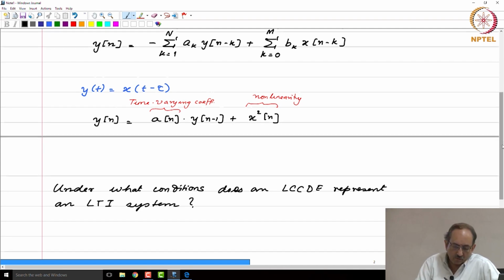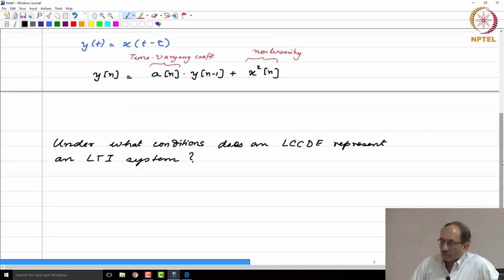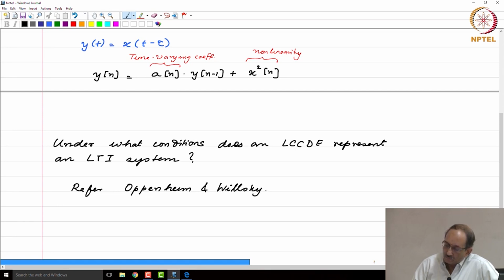This is an important question to ask. I want this to be left as an exercise to you. So, please refer to Oppenheim and Willsky, Section 2.4, pages 116 to 127.